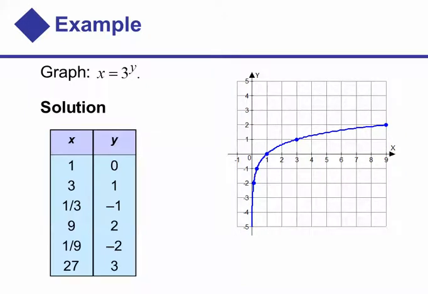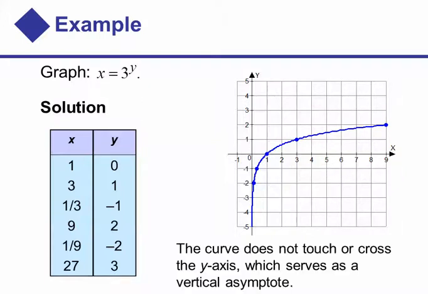It's just turned 90 degrees. So now it's the y-axis that's the asymptote, and it goes through the point (1, 0) instead of (0, 1). So it's never going to cross or touch the y-axis.